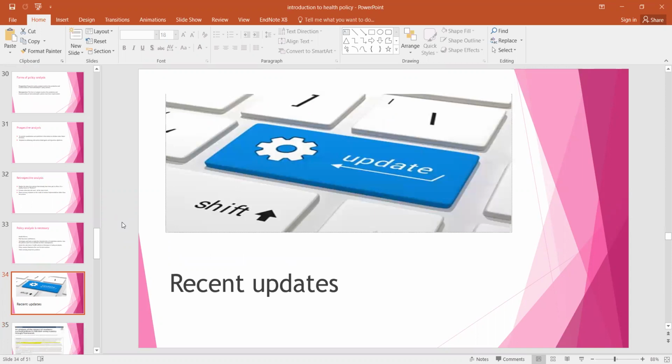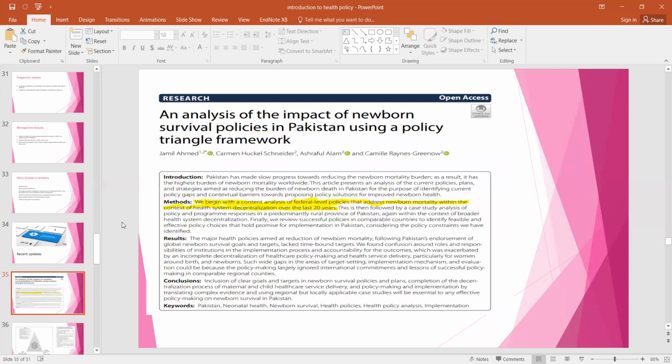In a recent update, we highlighted the practical application of the health policy triangle. This is research analyzing the impact of newborn survival policies in Pakistan using a policy triangle framework.